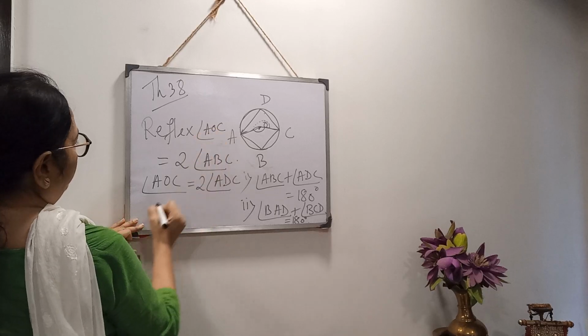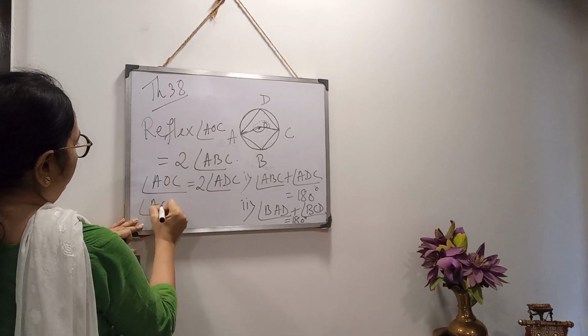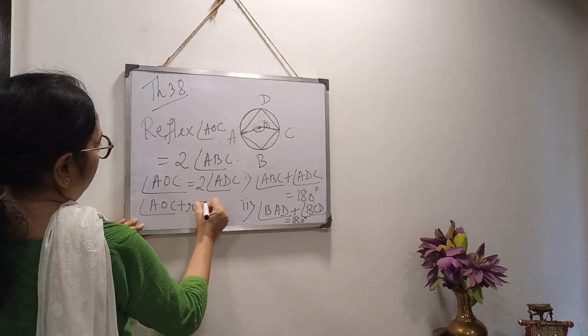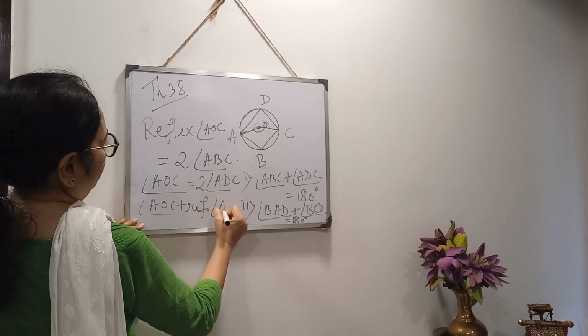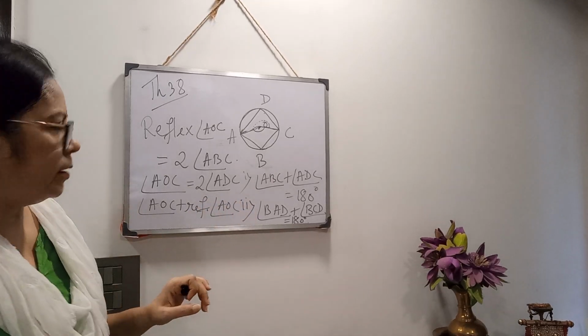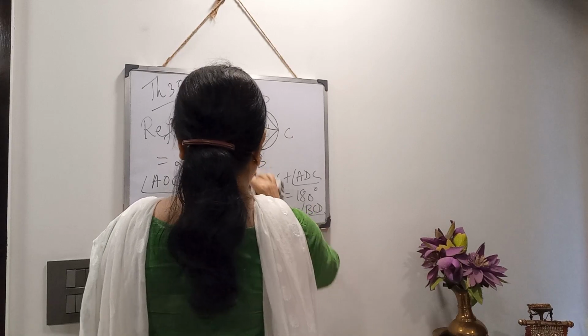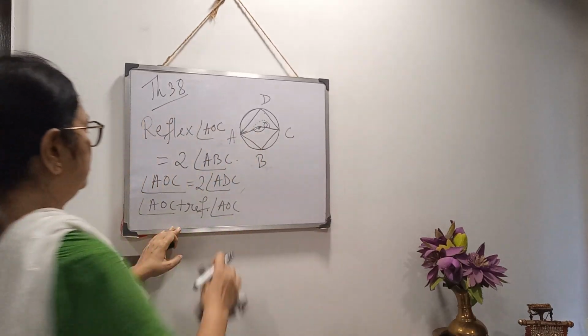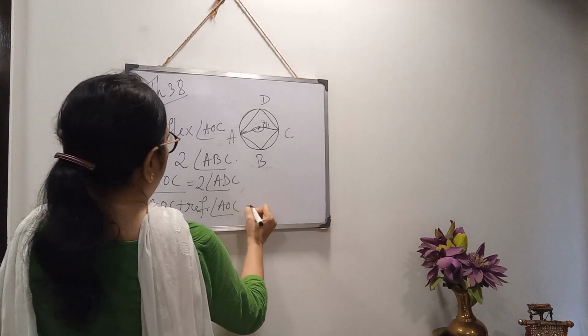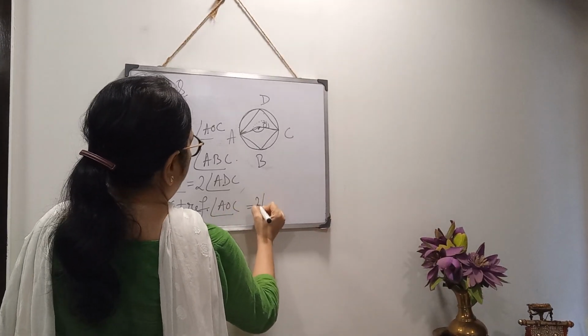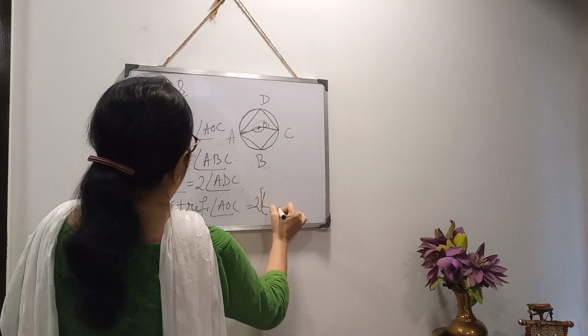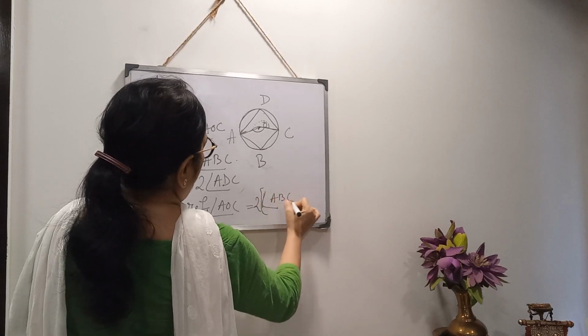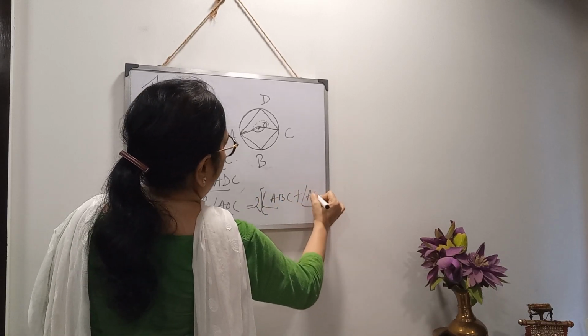Now we will add these two. Left hand side and left hand side: angle AOC plus reflex angle AOC, and we will add the right hand side. On the right hand side we are getting twice, I am taking common, ABC plus ADC.